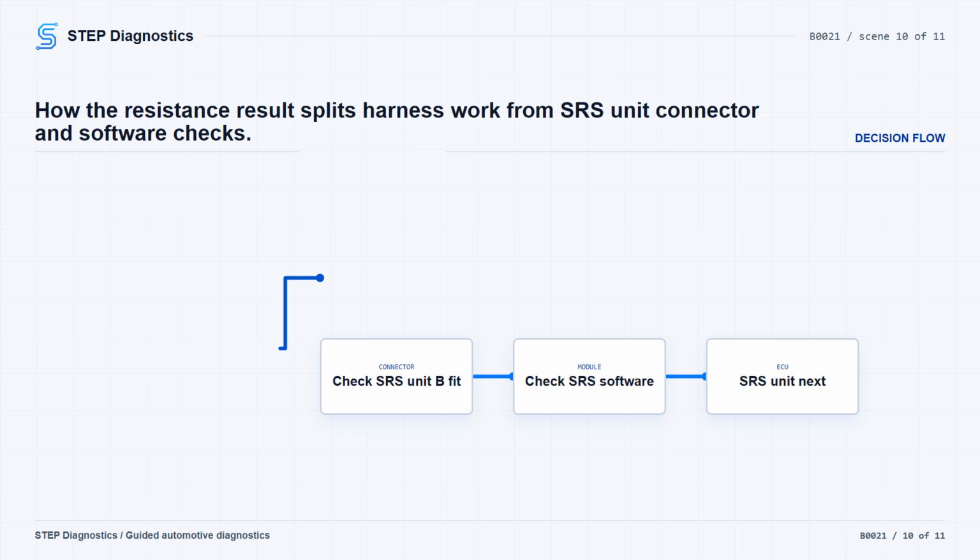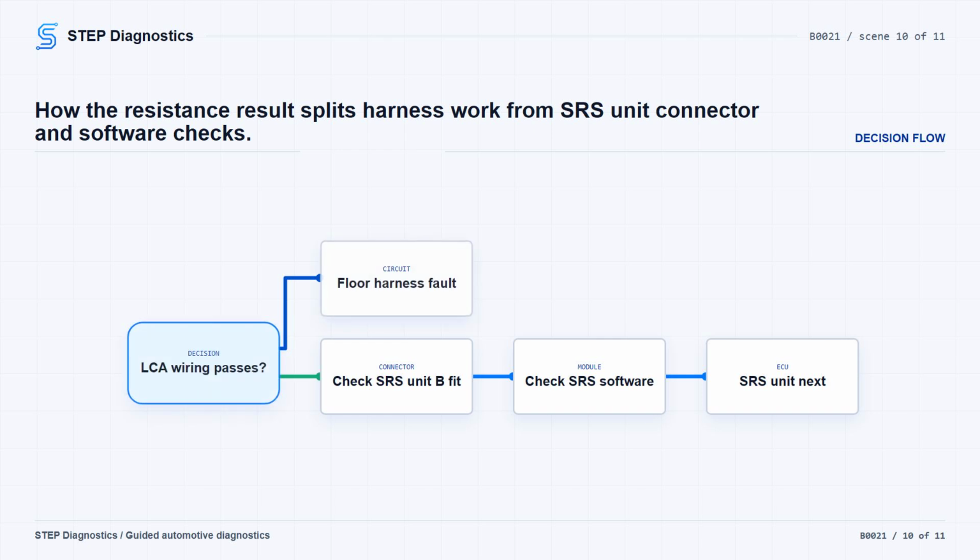If it is not the latest version, update it and retest. If the connection is okay and the software check does not resolve it, replace the SRS unit. If the measurement is not 1.0 Ω or less, the fault is open or increased resistance in the floor wire harness. Replace the floor wire harness, then clear the DTC.